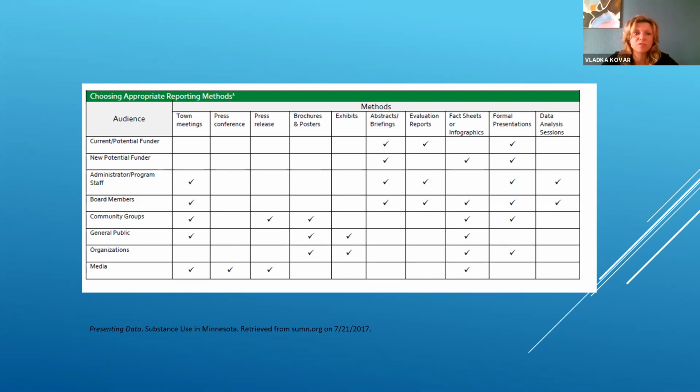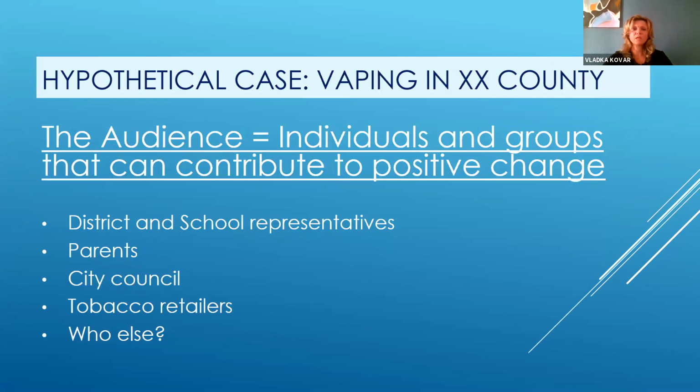But if you want to communicate with potential funders, then maybe a town meeting is not the most appropriate, or maybe the data analysis session is not what you want to use. Maybe you want to go more toward the formal presentation. So again, it depends on whom you want to communicate with, and what communication channel works best for that audience.